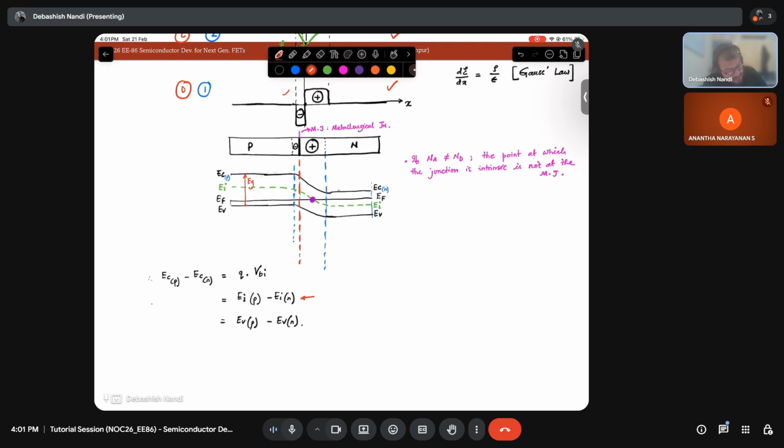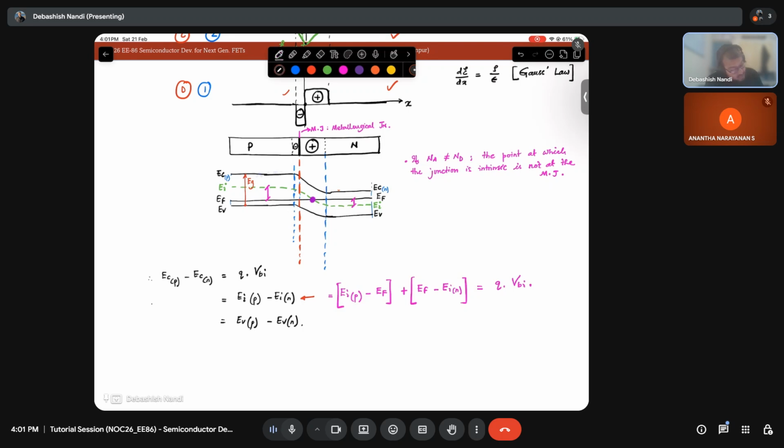And I will calculate these two distances separately, this gap and this gap. That is what I will calculate: EI of P minus EF, plus EF minus EI of N. This will give me Q times VBI, the built-in potential.